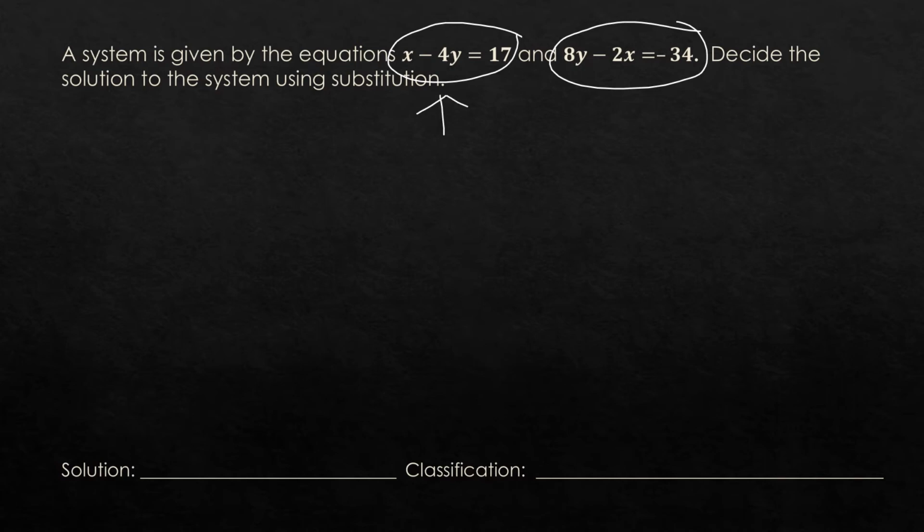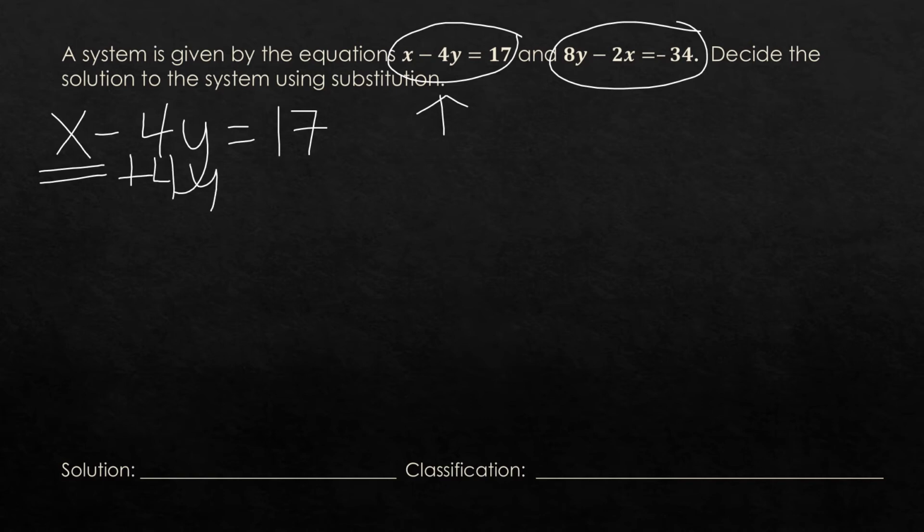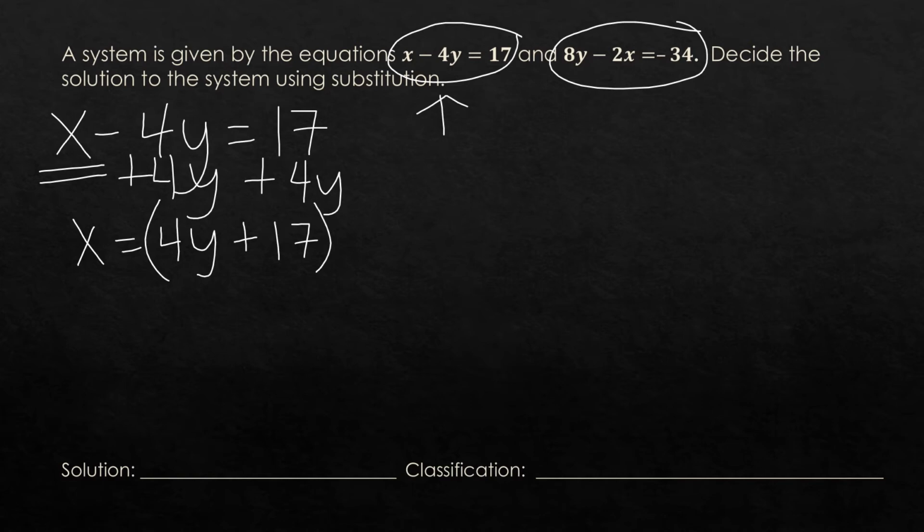In this one, our x has a coefficient of 1. In order to get x by itself, I can move the 4y to the right, and I get x equals 4y plus 17, and now x has been isolated.